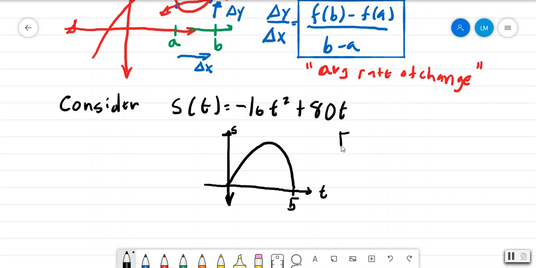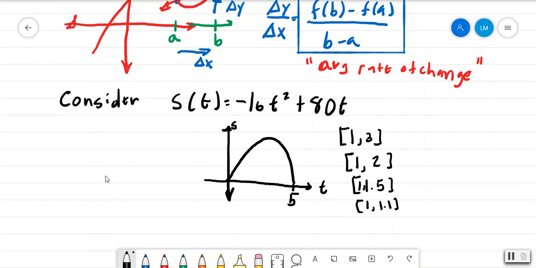Let's say that we want to know what is the average rate of change from 1 to 3, maybe from 1 to 2, and then 1 to 1.5, and then 1 to 1.1. Okay, so quite a bit of computations to do using the average rate of change.